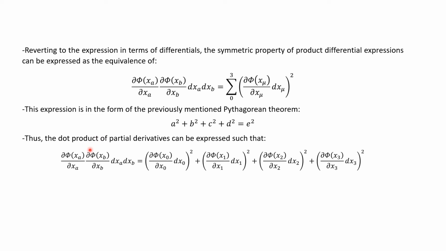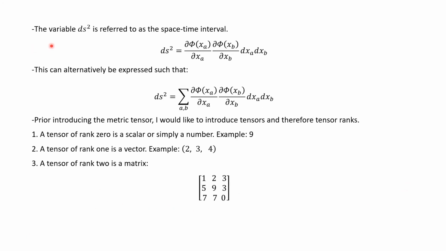Thus, the dot product of partial derivatives, or here, can be expressed as a sum, as we see here. The variable ds is referred to as the space-time interval and has a value, as we see here, which can alternatively be expressed as we see here with sigma notation.